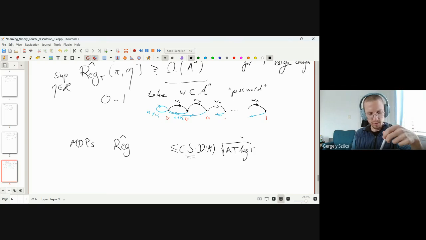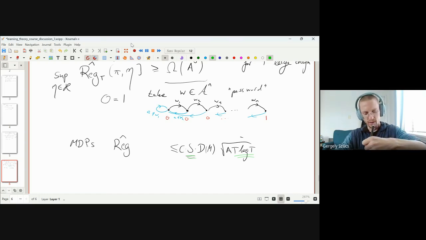So the emphasis here was that for POMDPs, we cannot expect that it's going to be polynomial. We cannot even expect polynomial time when the number of states is going to be exponential in general. So yeah, I know it was a little confusing because so far we've been focusing on the time dependence, but for this specific example, we're focusing on the dependence on the size of the state space.